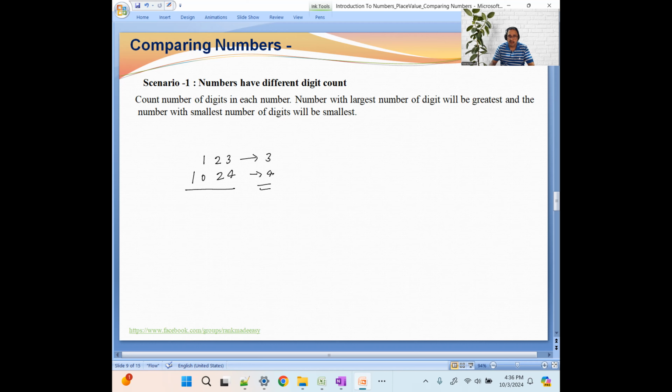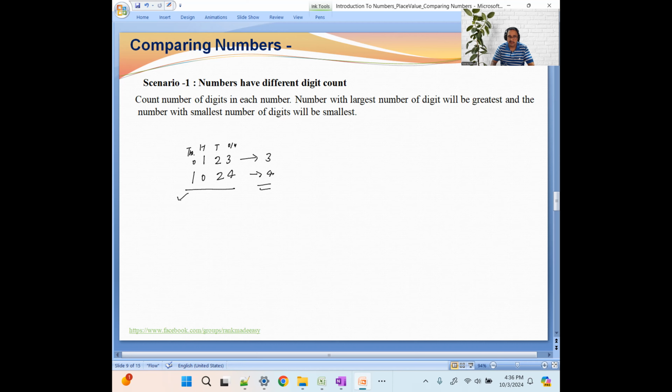4. So if you remember the place value table, the first digit on the right hand side is the ones or unit, and you keep moving towards the left side. The next digit will be tens, then 100, and then 1000. So the first number has 0 thousands because it has only 3 digits. The second number has 1000 because it has 4 digits.